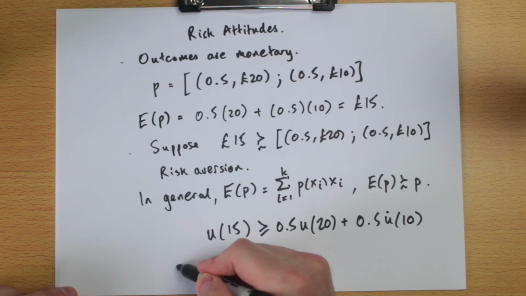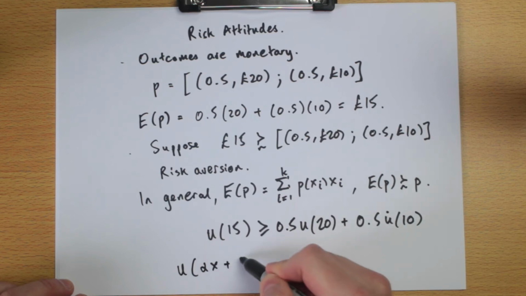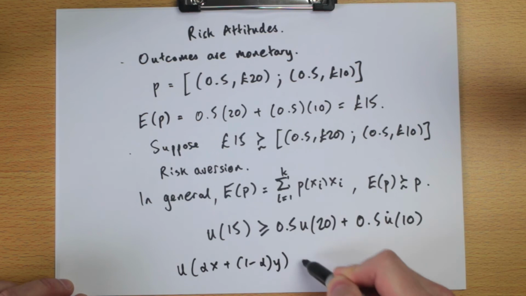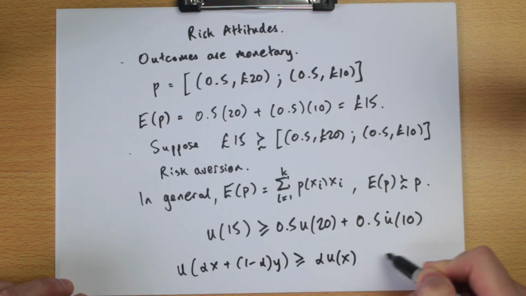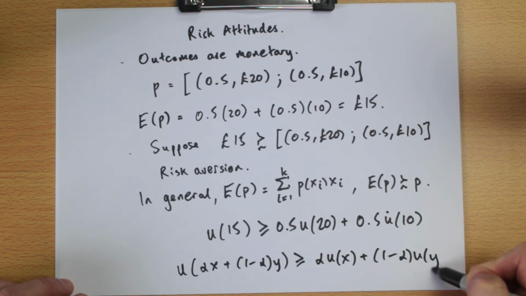Okay, so remember a concave function would be the condition that the utility of alpha x plus 1 minus alpha y in general would be greater than alpha u of x plus 1 minus alpha u of y. Okay, so that's a definition for all x and y and alpha in 0, 1. This would be the definition of a concave function.